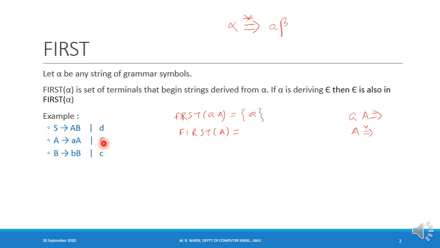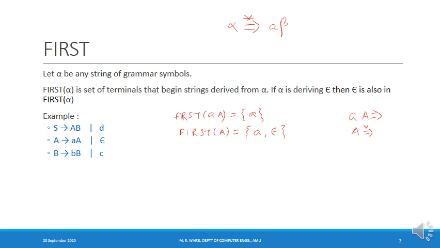The strings derivable from the first production will always begin with small a, and from the second production I am deriving only a single string, and that is epsilon. So first of capital A will be small a, and since epsilon is also derivable from capital A, epsilon will also be part of this.